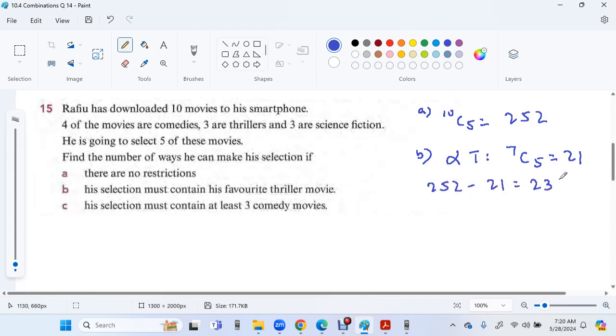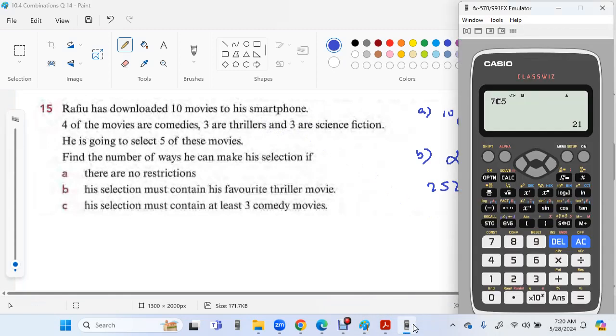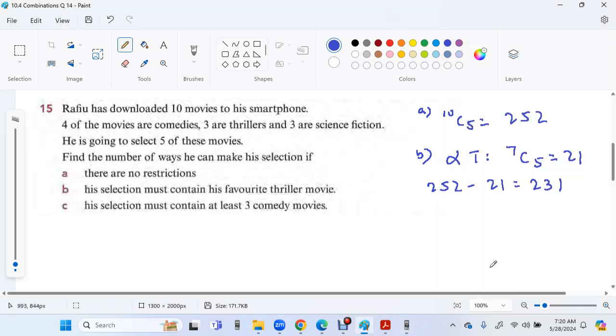Then it's 231. Okay. 7 out of 7 must contain. So we have the 7 choose 5, 21. So we have the 252 minus that, and the answer is 231.